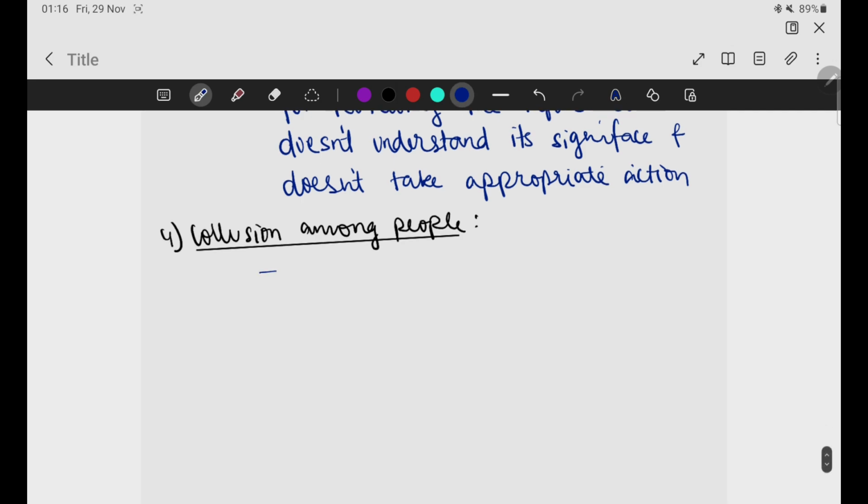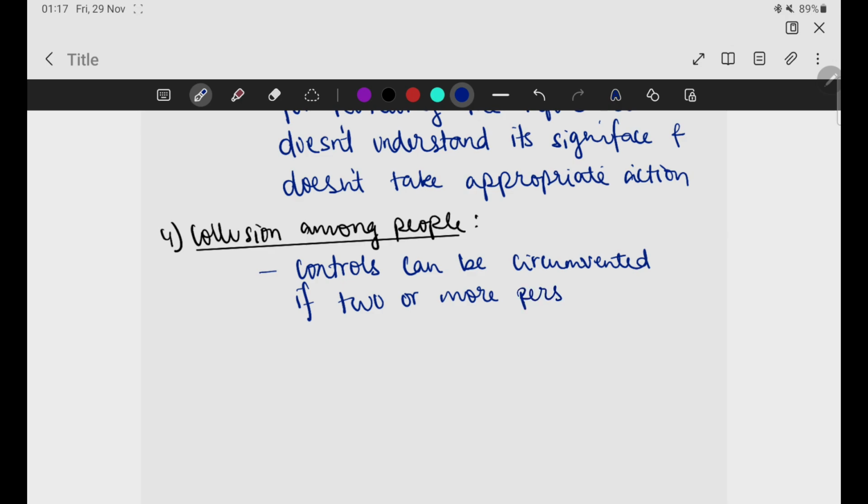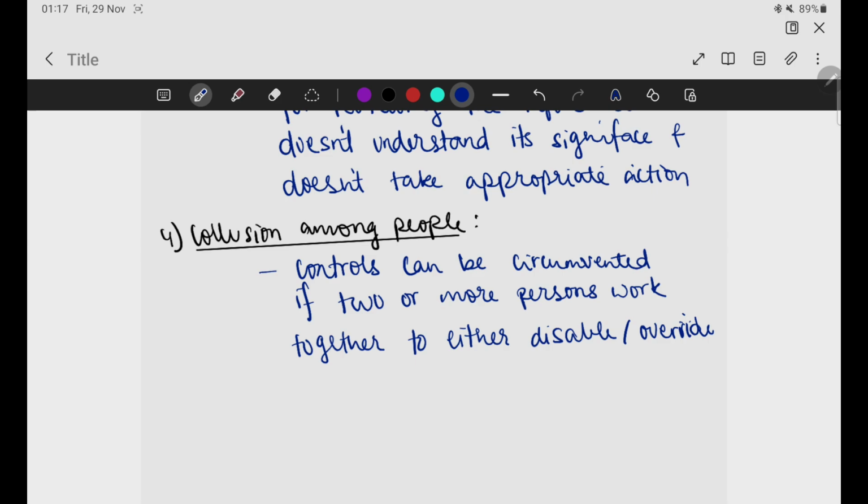In this we had seen that controls can be circumvented if two or more persons work together to either disable or override the operations of control, or rather the control processes, control systems, right?